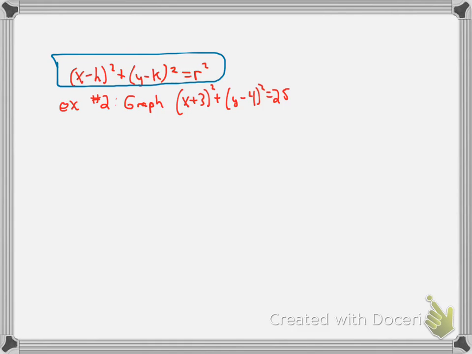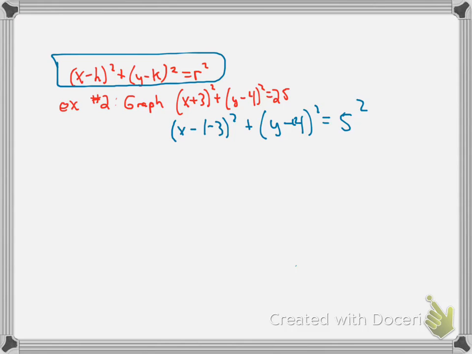First step I'm going to take is to put this in the form (x minus h) squared plus (y minus k) squared equals r squared, so I can see the center and the radius more clearly. So x plus 3 is the same as x minus a -3, squared, plus (y minus 4) squared equals 5 squared.